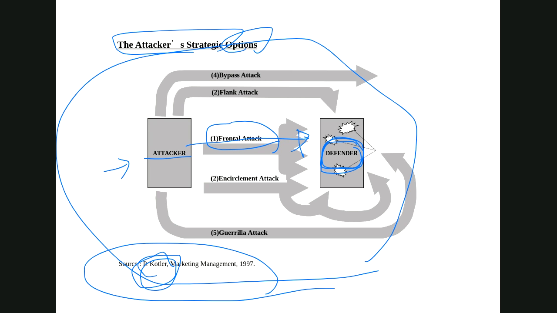However, if we do not have at least 10 times the money, time, or people, we may need to encircle them. That we call an encirclement attack. Okay, good. And if we do not have strong enough machines, weapons, arms, or people, maybe we'd better attack from the side. Flank attack.